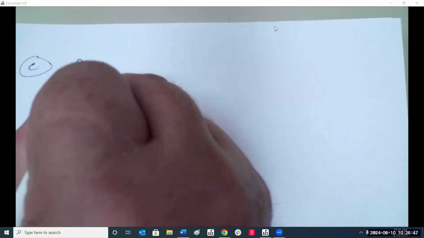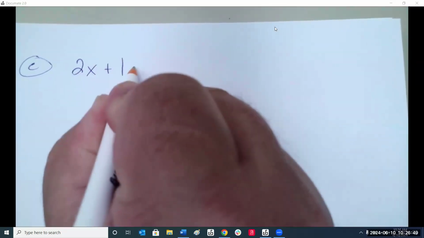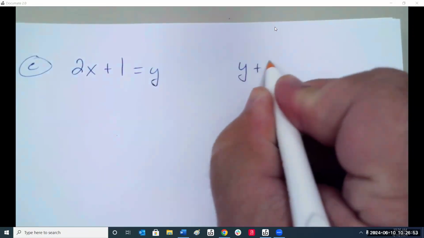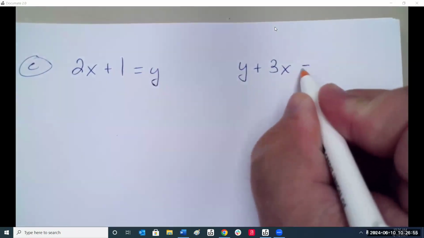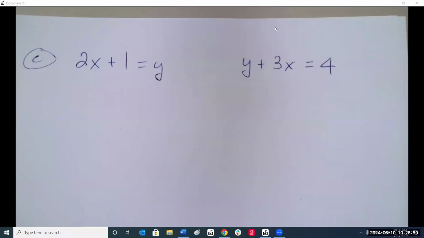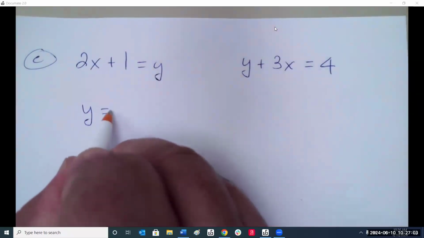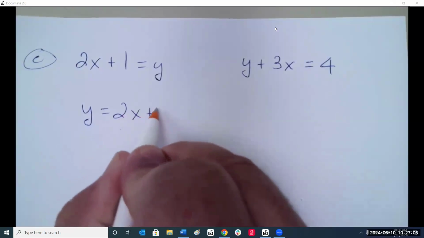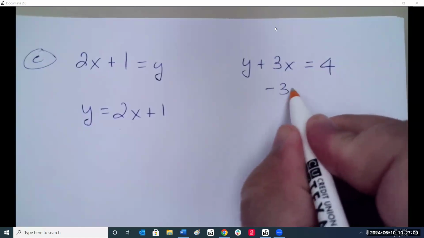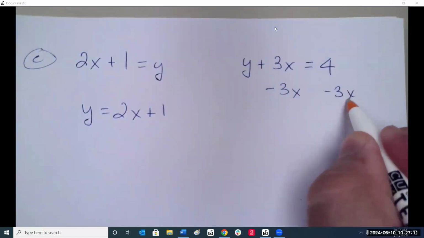And letter C. 2x plus 1 equals y. y plus 3x equals 4. Flip them over. Subtract 3x.